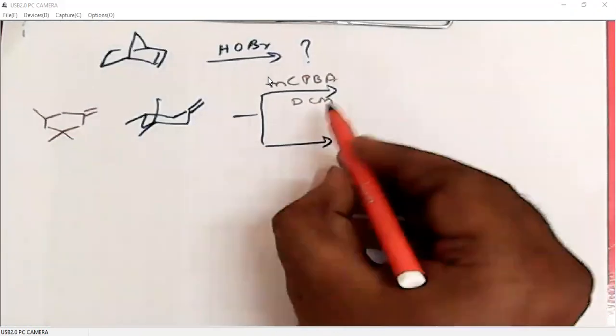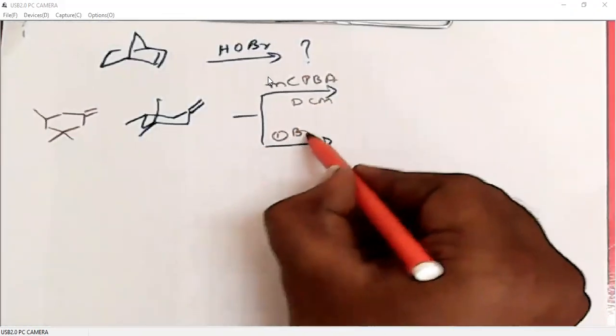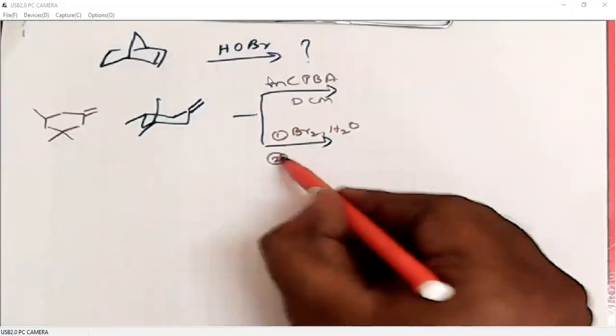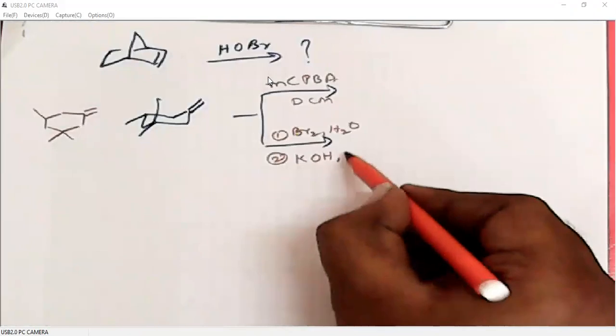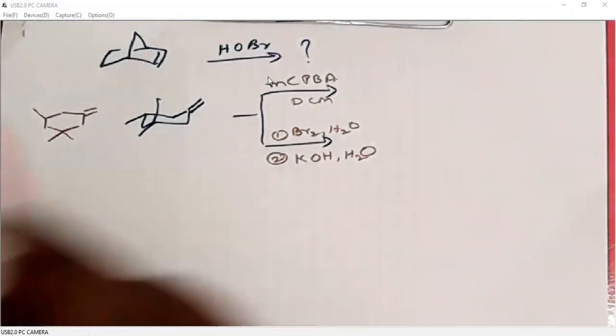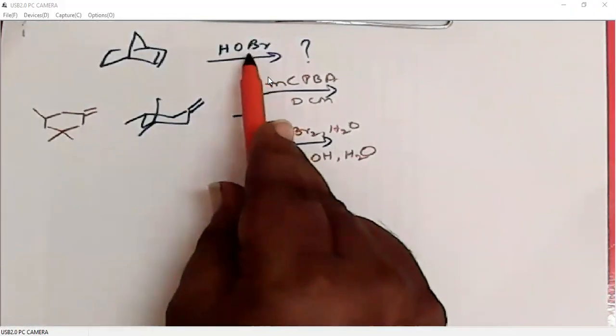So here the important point is whether the epoxidation takes place above the plane or below the plane. Okay, right. So the first step is bromonium ion formation.